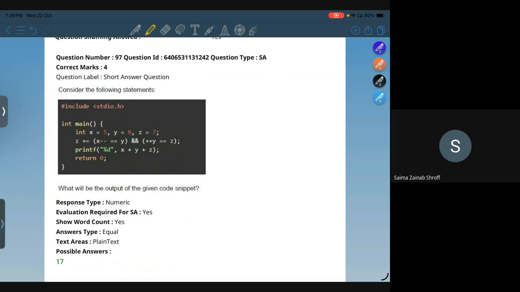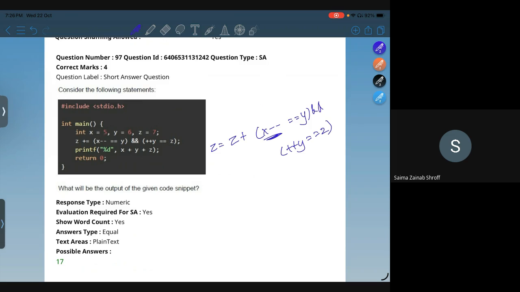Okay. And what will be the output of this code? So z equal to z plus, and this whole thing: x-- == y and ++y == z.